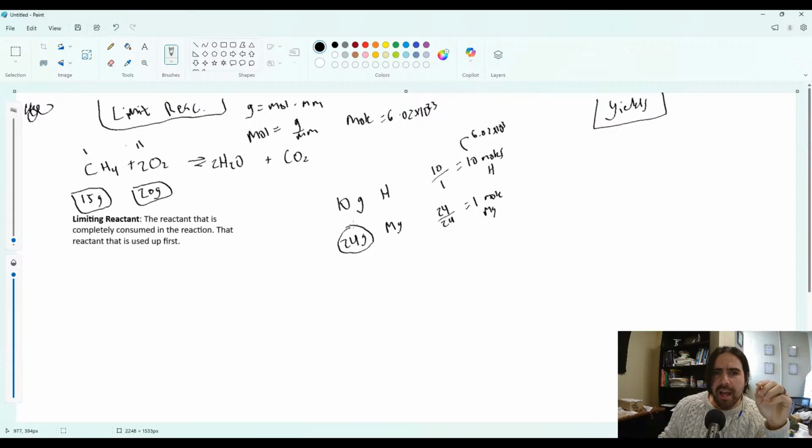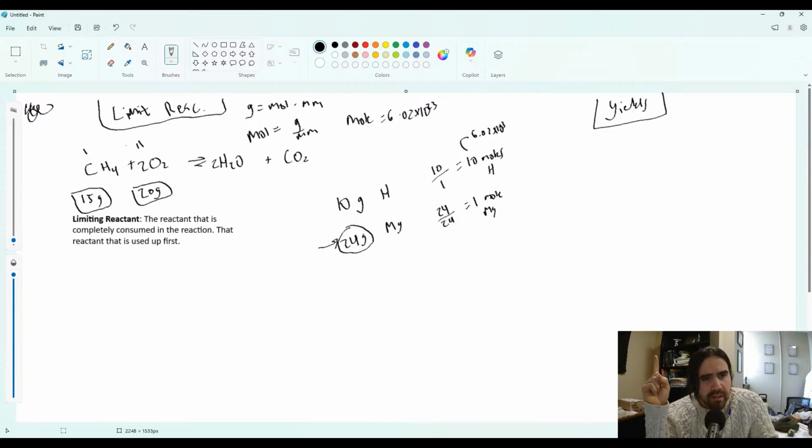So even though I have a much bigger mass in magnesium, because an individual magnesium atom weighs so much more than an individual atom of hydrogen, right? That means that we still have way more moles of hydrogen than I have moles of magnesium. And therefore, I have more atoms of hydrogen than I have atoms of magnesium. Okay. So to put this all together, there's two things that influence what's going to be the limiting reactant.